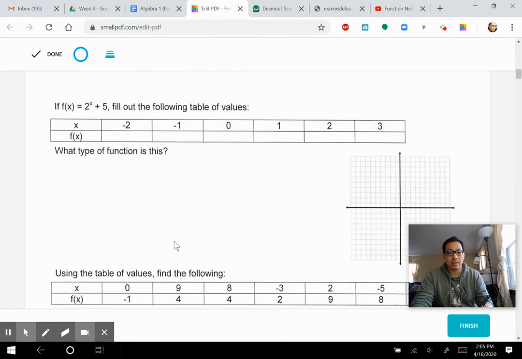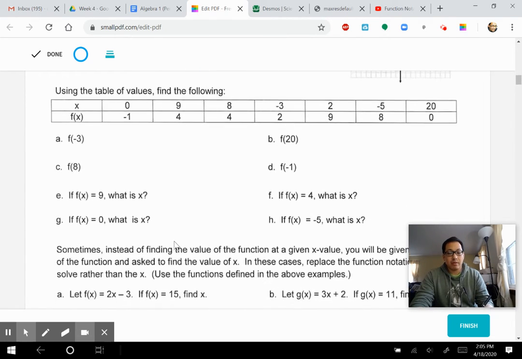Now let's take another look at a different kind of idea of graphing here. Let me scroll down. So here's a table of values, right? We've got some x values and we've got some y values, some inputs and some outputs from this function. We don't have an equation, and that's okay.